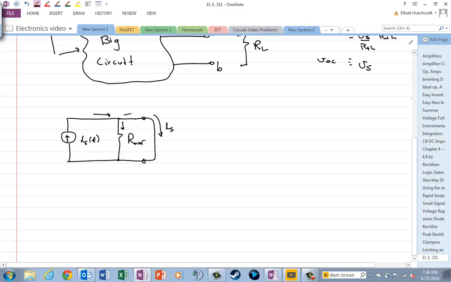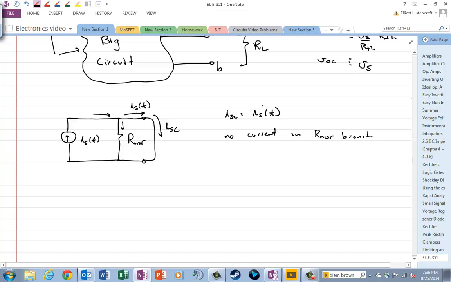Well, obviously it's going to all go this way, so this is all IS of t, and maybe I should have called that I short circuit there, but I short circuit is going to be IS of t. No current in our Norton branch.